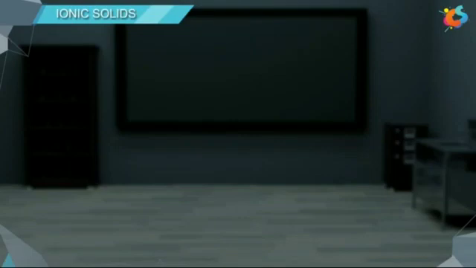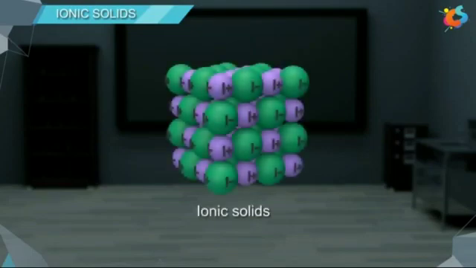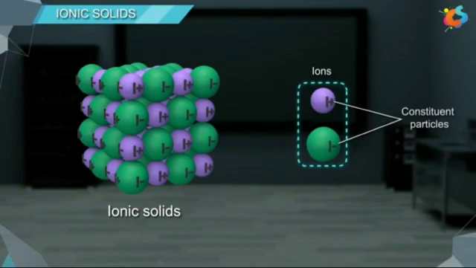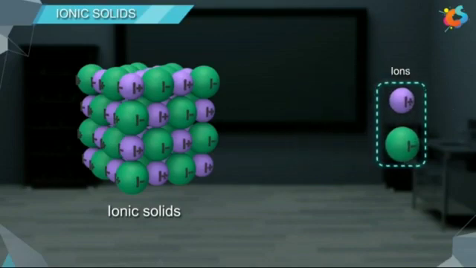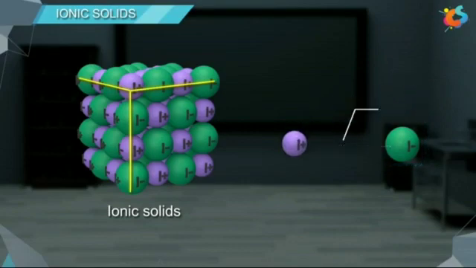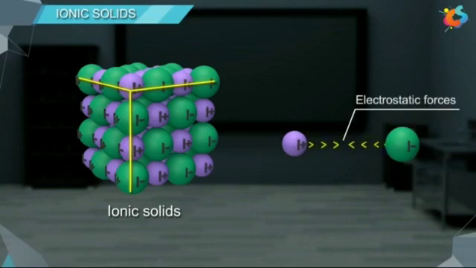Let us discuss about ionic solids. In ionic solids, ions are the constituent particles. In these solids, there is a three-dimensional arrangement of cations and anions that are held together by strong electrostatic force of attraction.